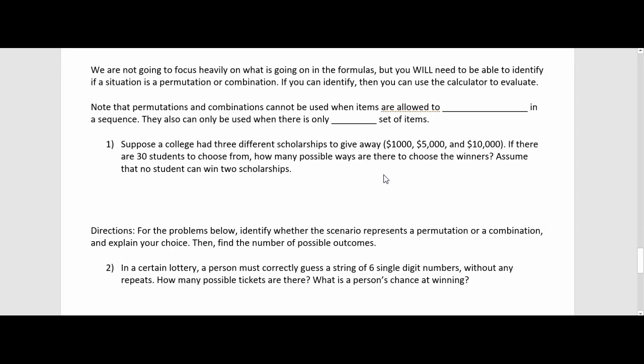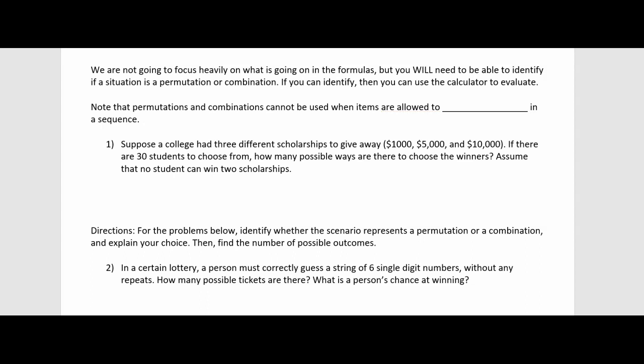If you can do that, then the calculator will do those formulas for you. If you maybe go into a statistics class or take another class where we have more time to focus on probability, we may explore those formulas a little bit more. And you can kind of see how they're built, what's going on there, what's the difference between the permutation and the combination formula. But for now, we kind of have too much ground to cover, so we can't really dive too deep into that.